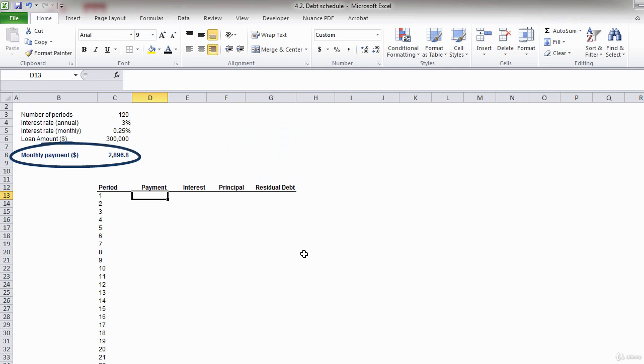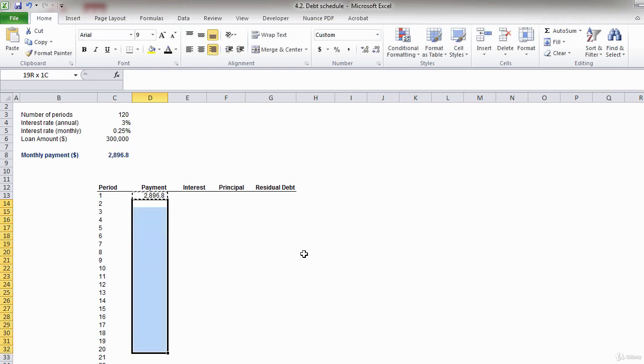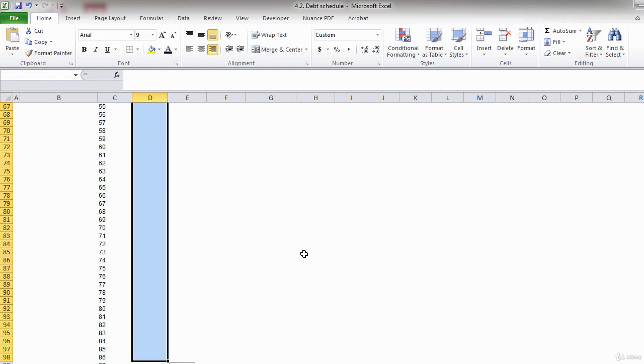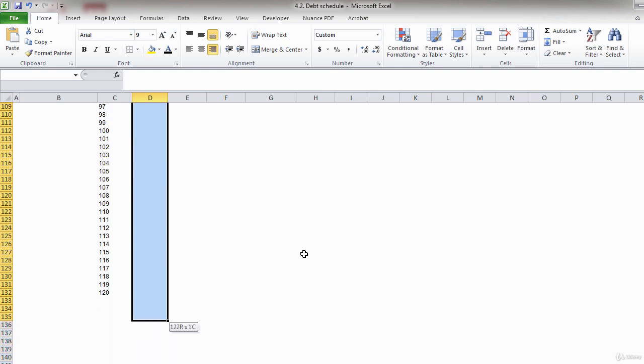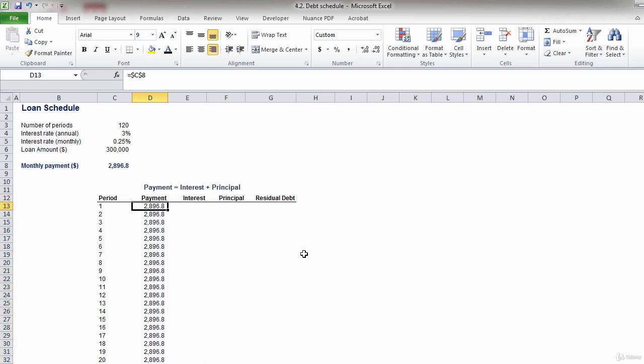We already calculated the amount of each of the fixed payments. Here it is. I'll link to the cell and then fix its references in order to be able to copy it to the last row of the table. Our next task is to disaggregate this payment into 2 parts, interest and principal.